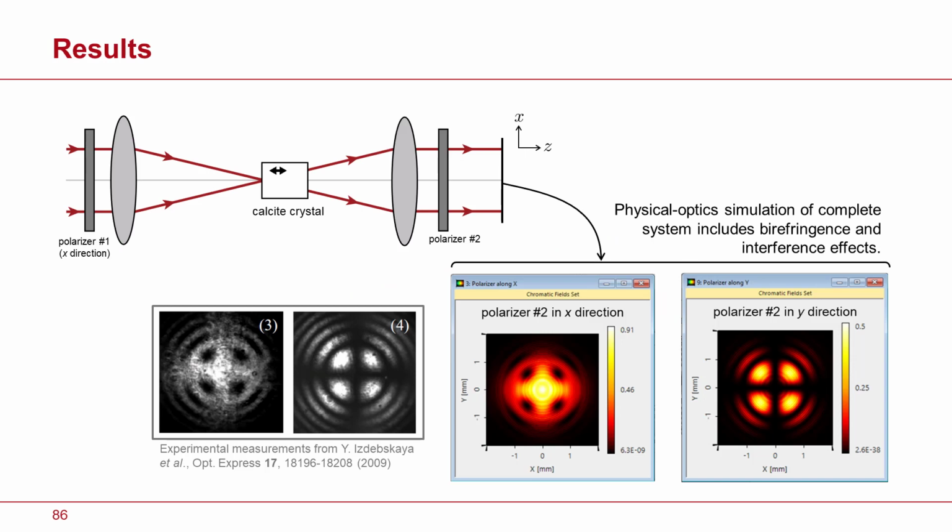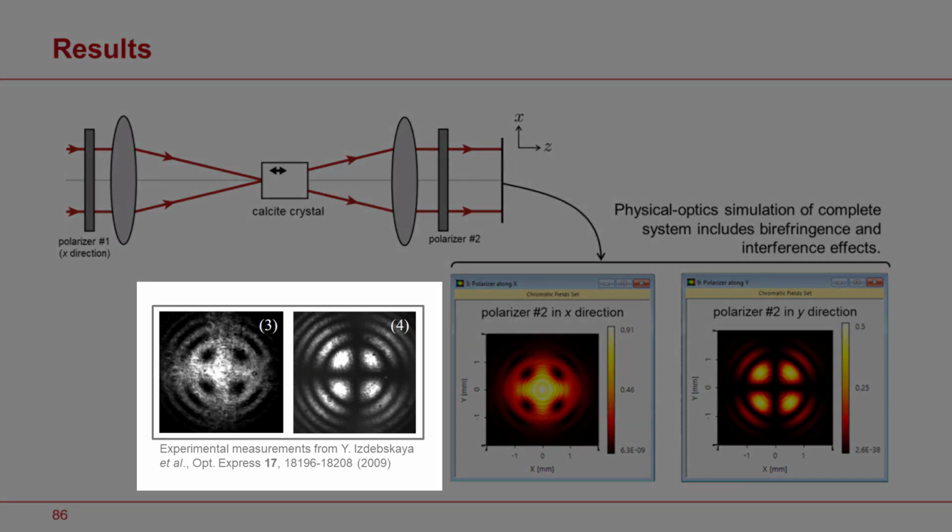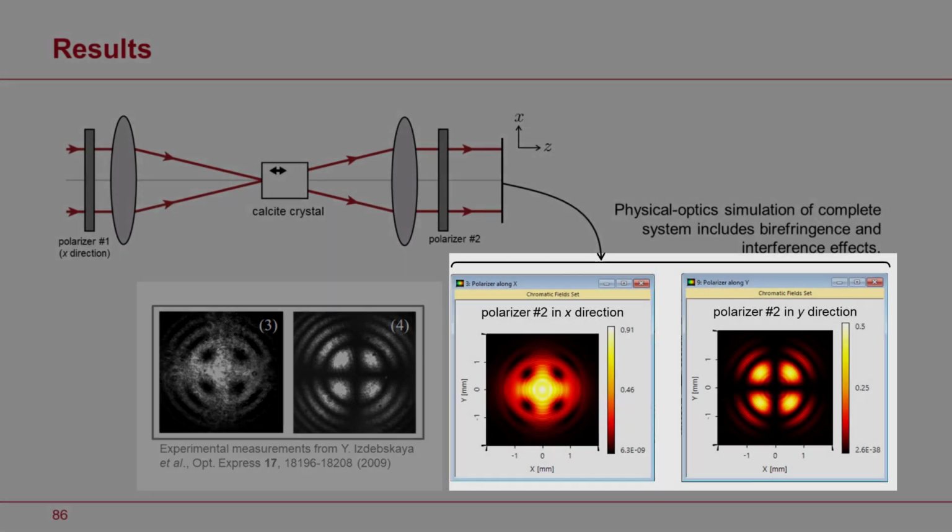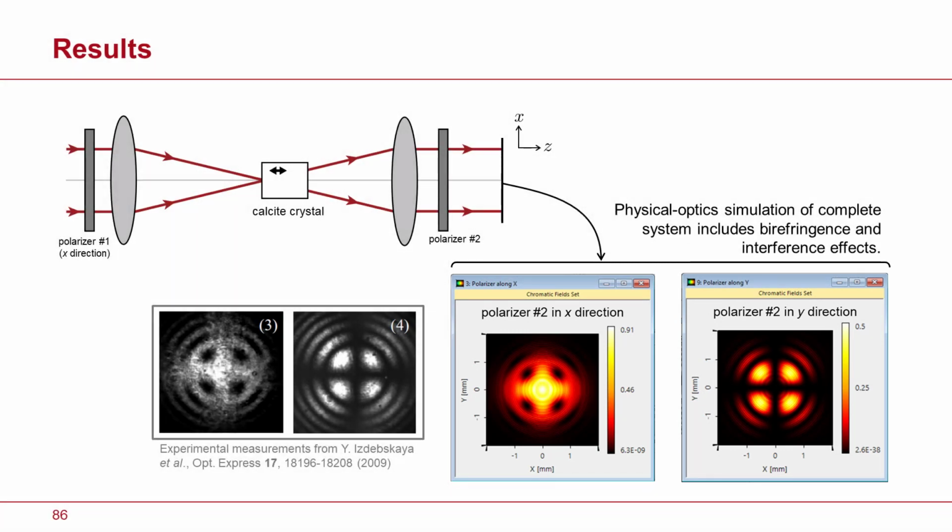Once again, we use a scientific publication as a reference. Experimental measurements from that publication are on the left of this slide. On the right, we have the results generated with VirtualLab Fusion. So this solver works for collimated beams, for ideal plane waves, but also, as demonstrated here, it works just as well for focused light because of the very comprehensive general framework that is used.